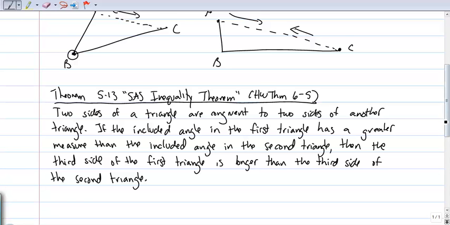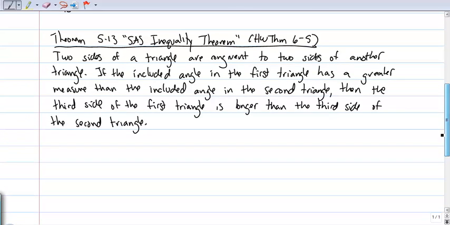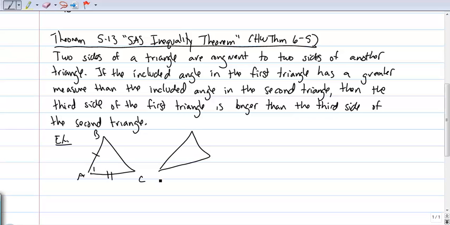Let me draw a picture to show what's going on here. Let's say that we have triangle ABC such that we'll put one tick mark on AB, one tick mark on AC, and we'll call angle BAC angle 1. Similarly, let's have triangle PQR such that PQ is congruent to AB, PR is congruent to AC, and we'll call angle QPR angle 2.